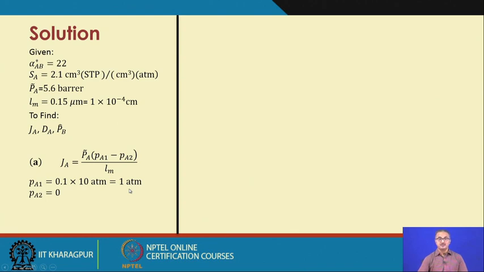As we learnt earlier, when the composition of a gas is given as a fraction with nothing else mentioned, we assume it to be the mole fraction or the volume fraction. That is why we take 0.1 as the mole fraction. On the permeate side, because of the nitrogen sweep, we assume there is no accumulation of gas, so the partial pressure is almost 0.